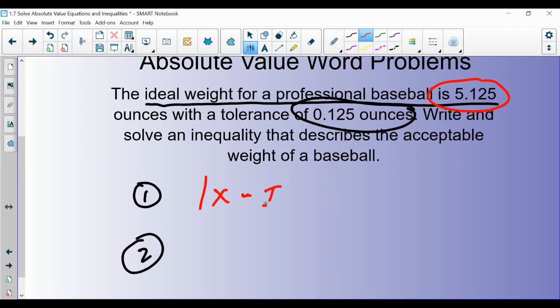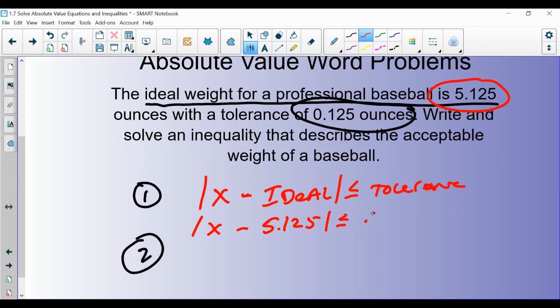Minus the ideal has got to be less than or equal to the tolerance. So in our problem, the absolute value of x minus 5.125 has got to be less than or equal to 0.125.